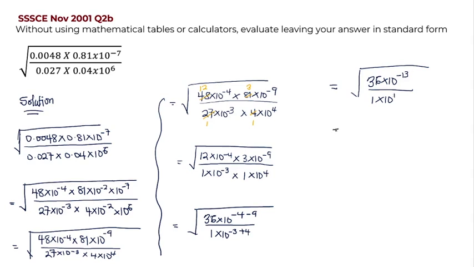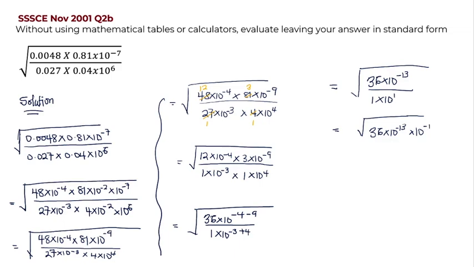So this is now equal to 36 divided by 1 is 36, so I have root 36 times 10 raised to the power minus 13. I send the 10 raised to the power positive 1 over here to the top. It becomes times 10 raised to the power negative 1.